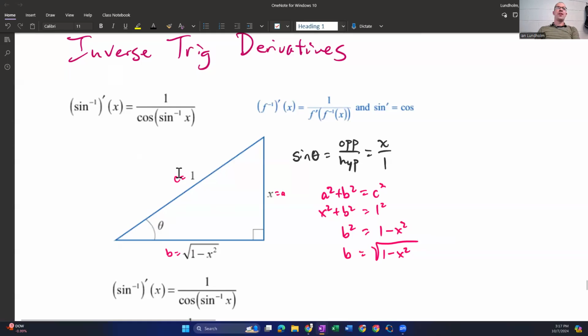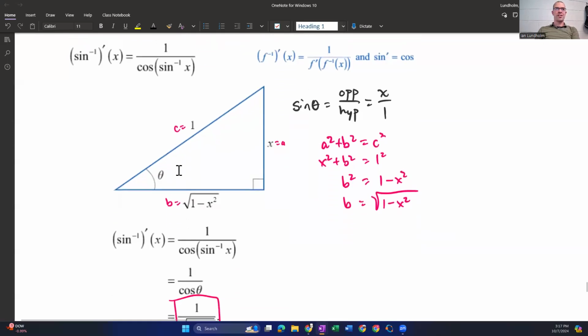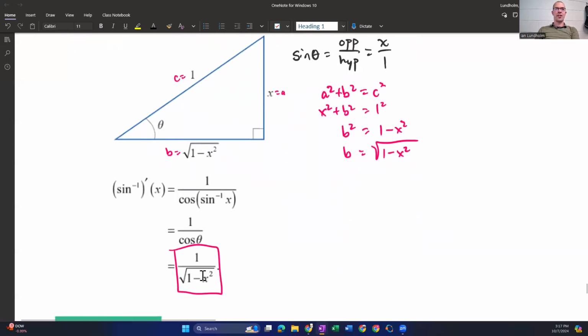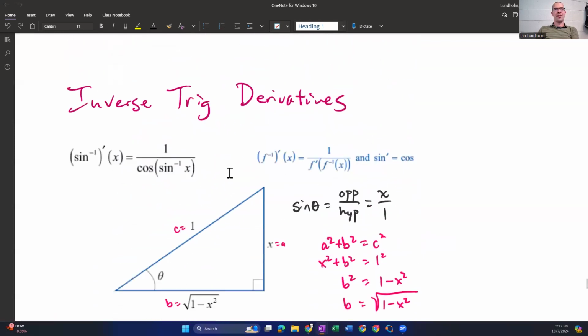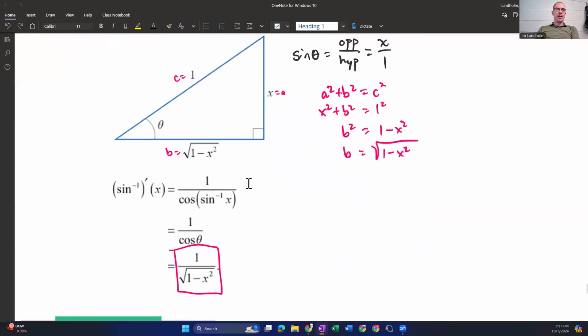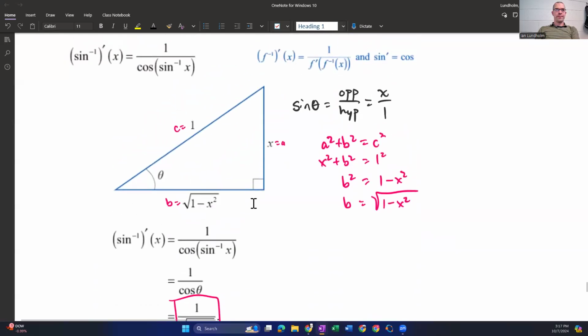And so if we continue to follow this, the denominator of this fraction ends up being the square root of 1 minus x squared. And so this being the derivative of the arc sine is how we might derive that using this inverse derivative formula.